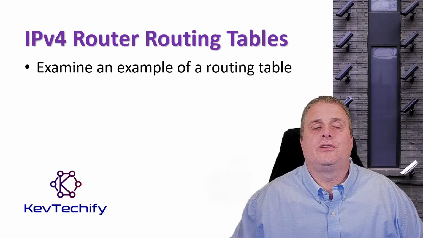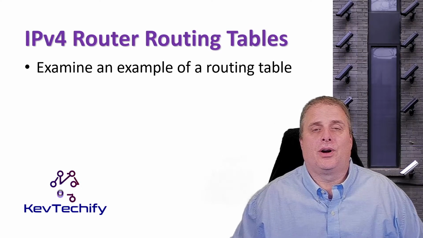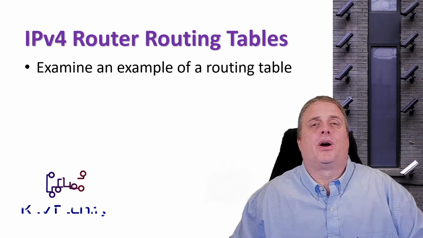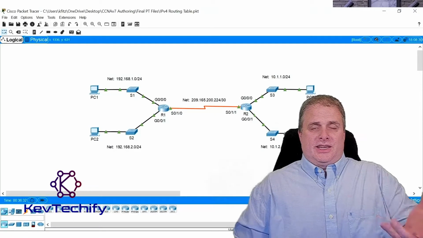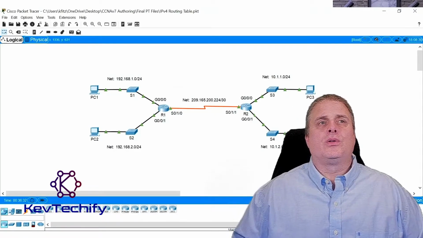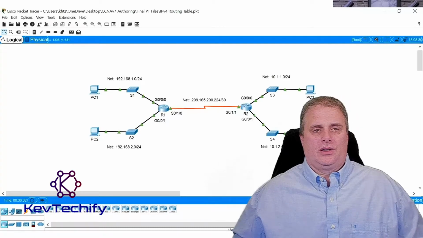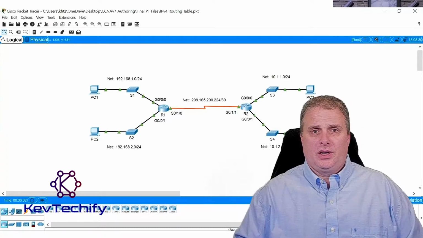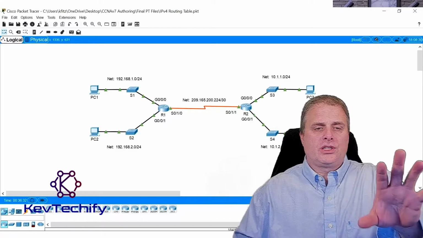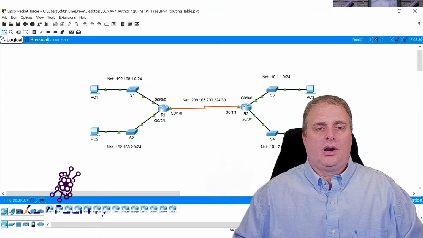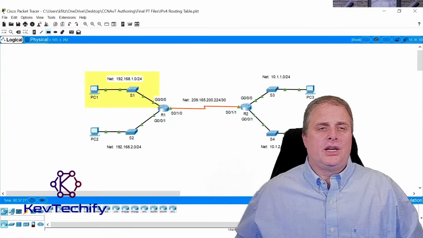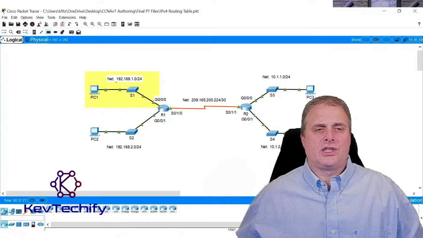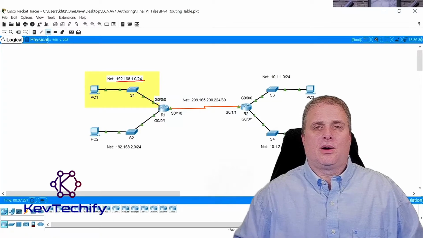Okay, let's take a look at an example here of a routing table and see some of the parts of that. We have an example here, and what we're looking at is a network. This network has been set up and functioning, and we're going to start looking at router 1 here. Router 1 has 3 directly connected networks. First one here is network 192.168.1.0.